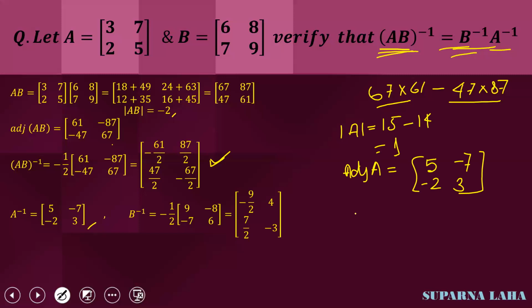Now talking about B inverse, firstly find the determinant value. I hope you remember the property that the determinant of A into B is given by the determinant of A into the determinant of B. So from here you can easily write down the determinant of B, but still I'm just showing this.